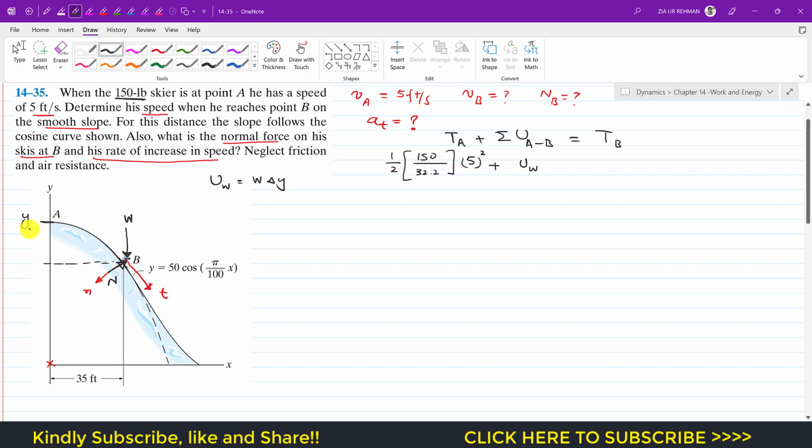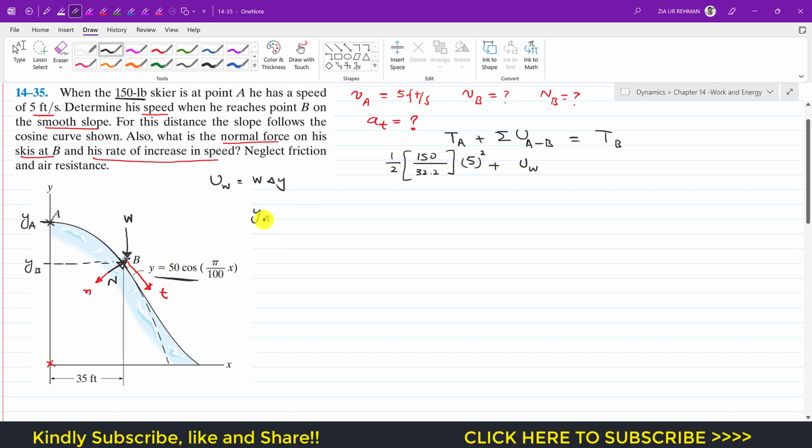Let's say that here this is YA and here the y coordinate is YB. We are given y as a function of x, so we need to find YA. We can find YA when we put x equals 0, since the x coordinate of the skier at this point A is 0 and the y coordinate is YA. So when we put x equal to 0 in this equation, we will be able to find YA.